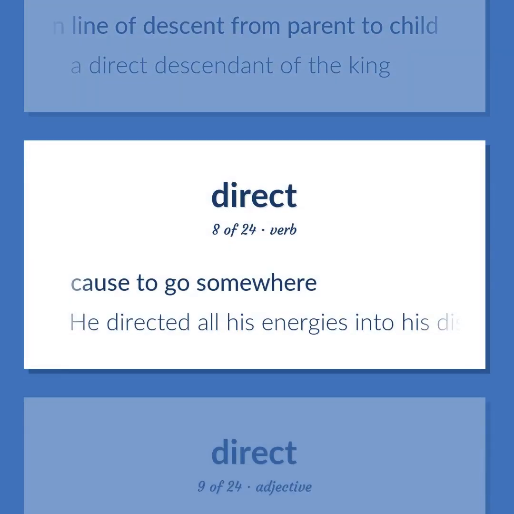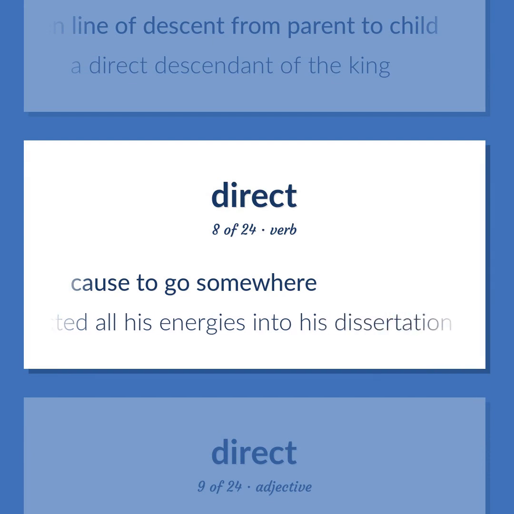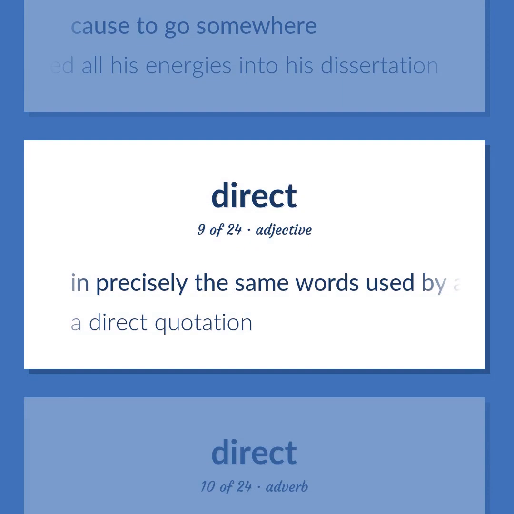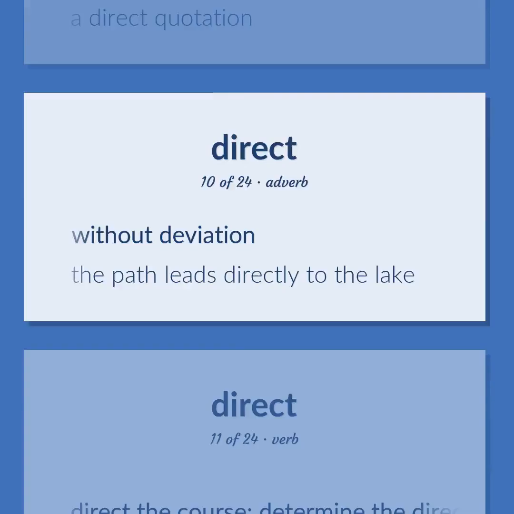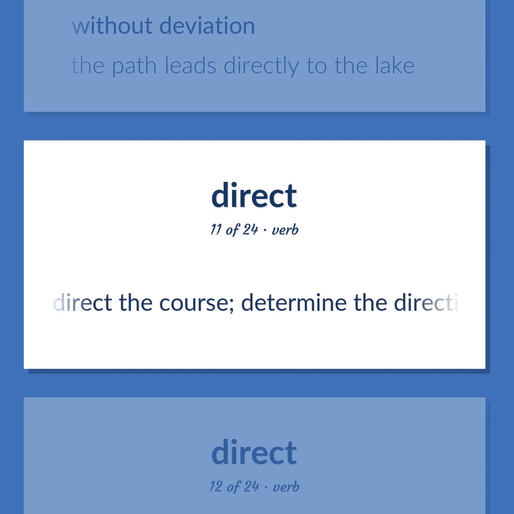Cause to go somewhere. He directed all his energies into his dissertation. In precisely the same words used by a writer or speaker. A direct quotation. Without deviation. The path leads directly to the lake. Direct the course. Determine the direction of traveling.